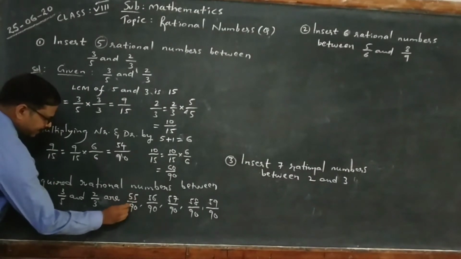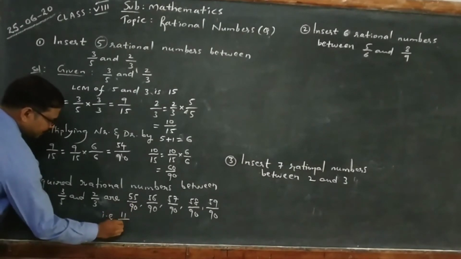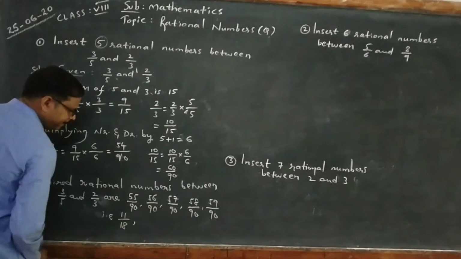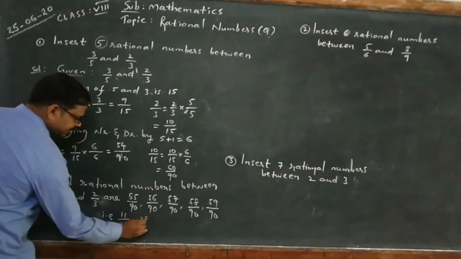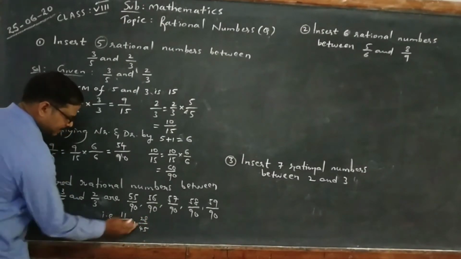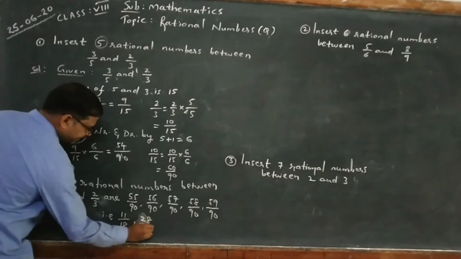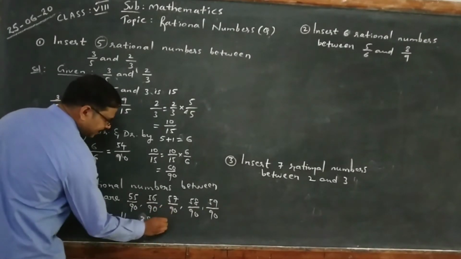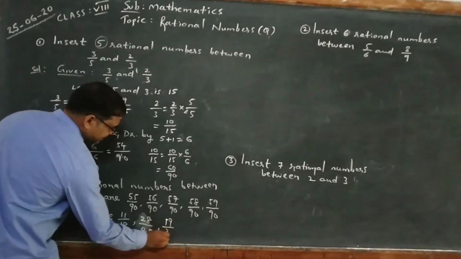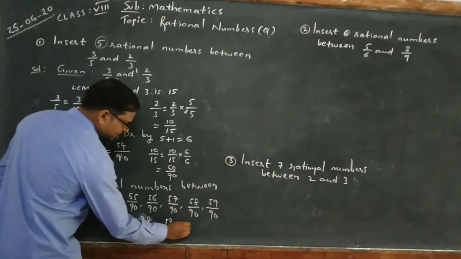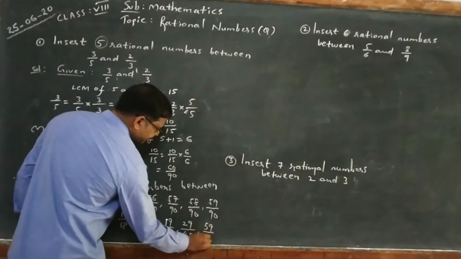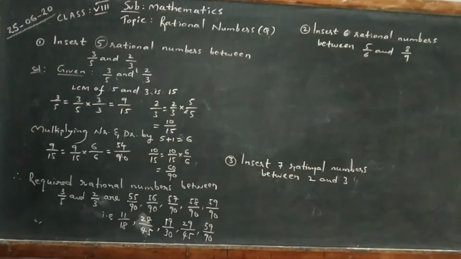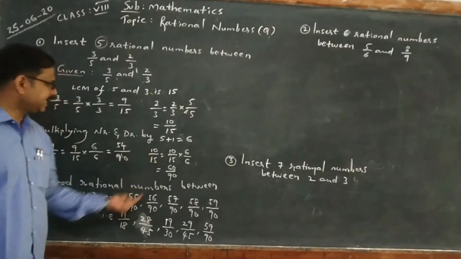Now simplify: 55 by 90, 5 11s are 55, 5 18s are 90, so 11 by 18. 56 by 90 is 28 by 45, 2 28s are 56, 2 45s are 90. 57 by 90, 3 19s are 57, 3 30s are 90, so 19 by 30. 58 by 90, 2 29s are 58, 2 45s are 90, so 29 by 45. So the required 5 rational numbers you can find. Any 5 rational numbers we can take.